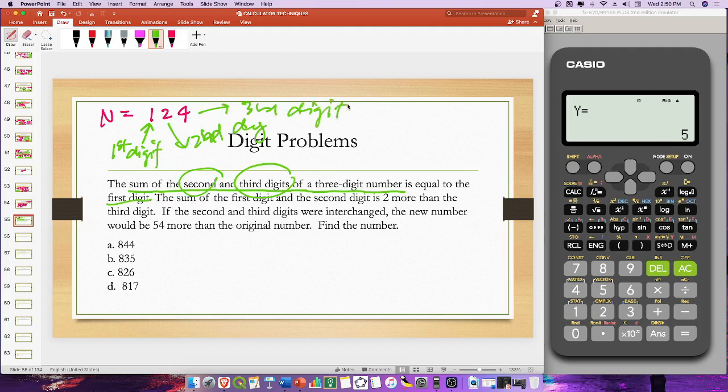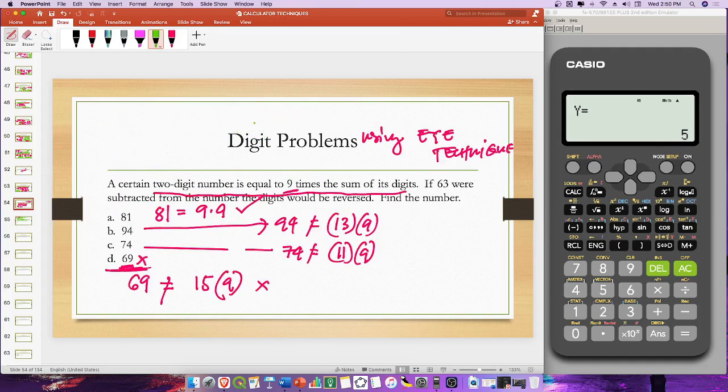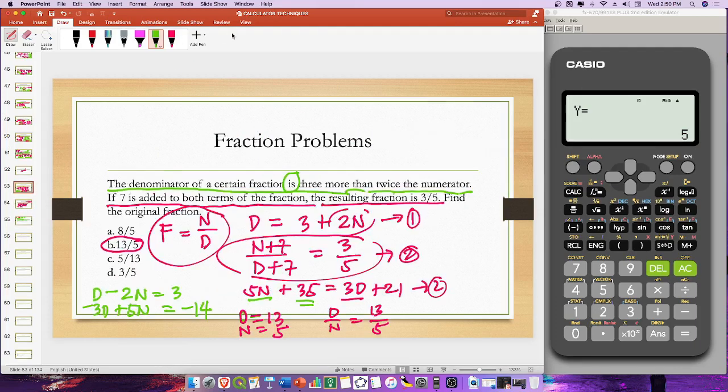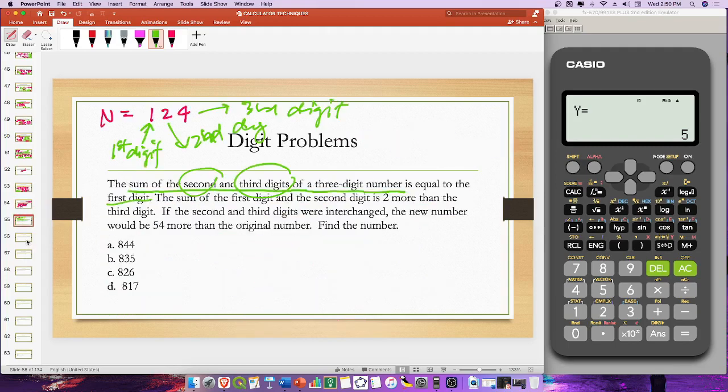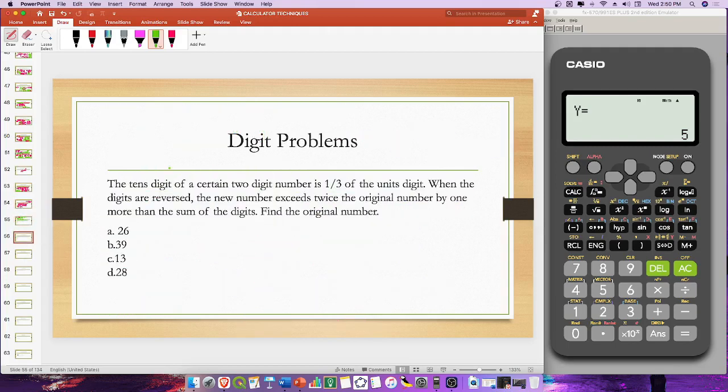Okay, let's go back to the other problem and see how they frame it.